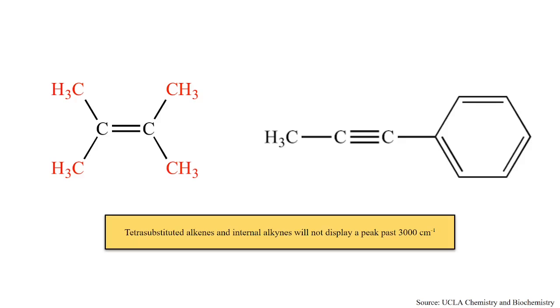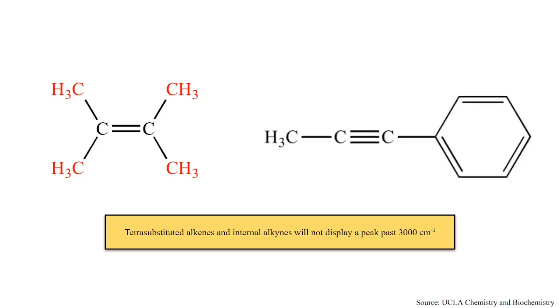So when you put those in an IR spectrometer, you won't see those signals, because between 2700 and 4000, the spectrometer is analyzing carbon-hydrogen bonds. But since those carbons aren't bound to hydrogen, those peaks won't appear. So you do want to be careful when you're analyzing those types of compounds. If you don't see those additional peaks, just remember that you might still have a double bond or triple bond.